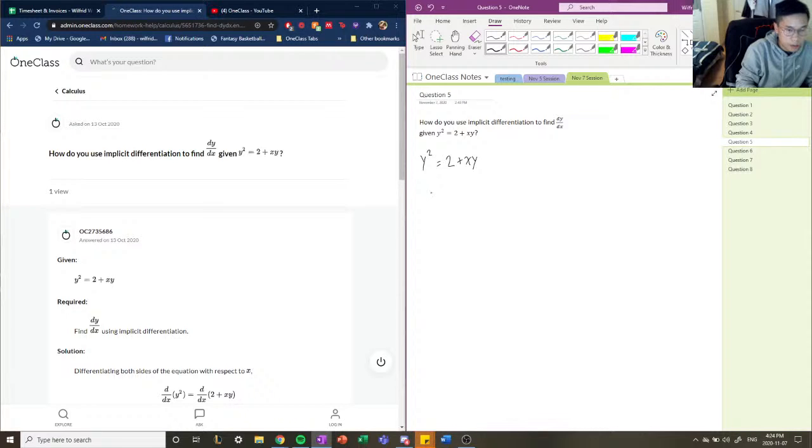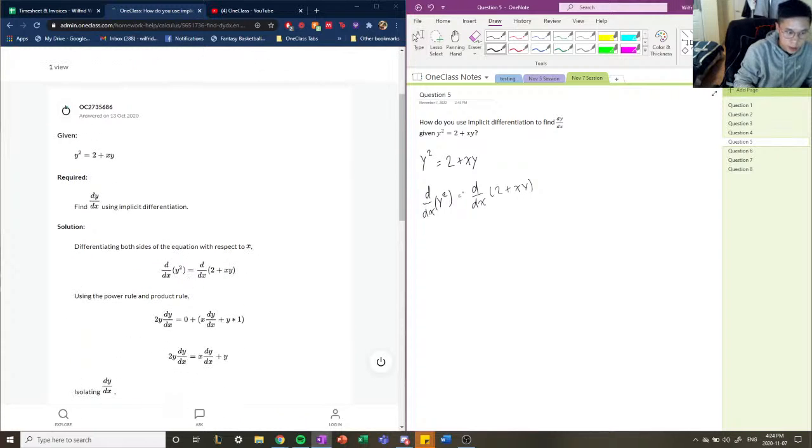So we're going to take d over dx of y squared, and we're going to take d over dx of 2 plus xy. If we're differentiating this, the chain rule again applies, where I'm going to use y prime from now on, where we take the outside function, which is this function squared, so 2y, and the inside function, which is just y prime.